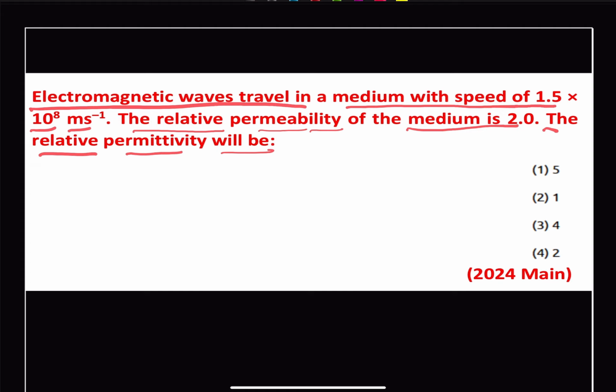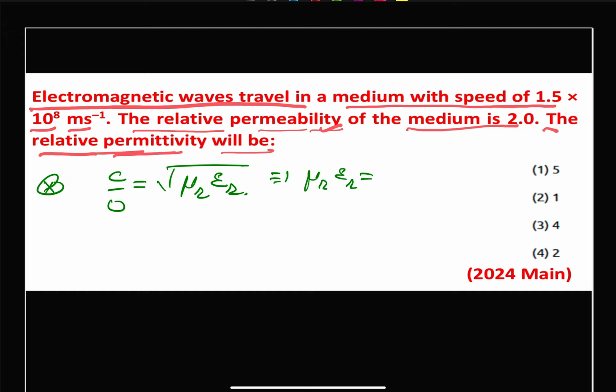We know that the ratio of speed of light in air or vacuum divided by speed of light in a medium is equal to square root of the product of relative permeability as well as relative permittivity. So we can write that c upon v is equal to square root of mu r and epsilon r. So from here we can say mu r epsilon r is equal to (c upon v) whole square.